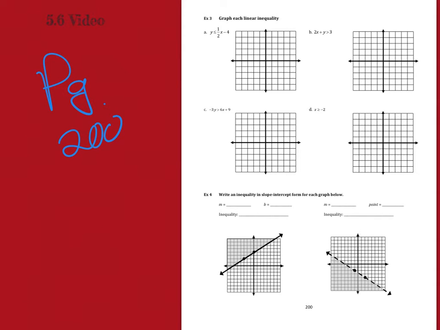All right, on this page, let's look at example A. It says, graph each linear inequality. And part A here says y is less than or equal to 1/2 x minus 4. Okay, so one of the rules we need to know is that when it's less than or equal to, or greater than or equal to, we draw a solid boundary line.